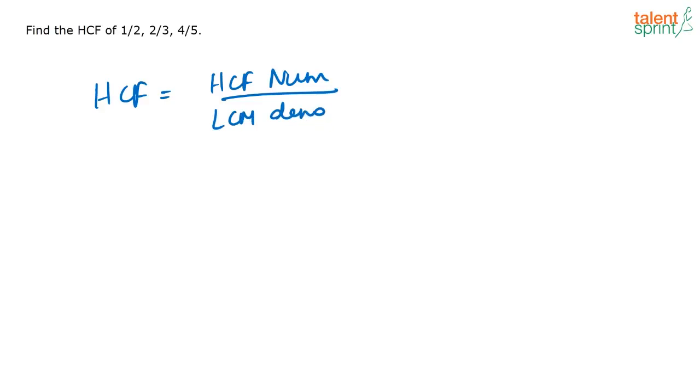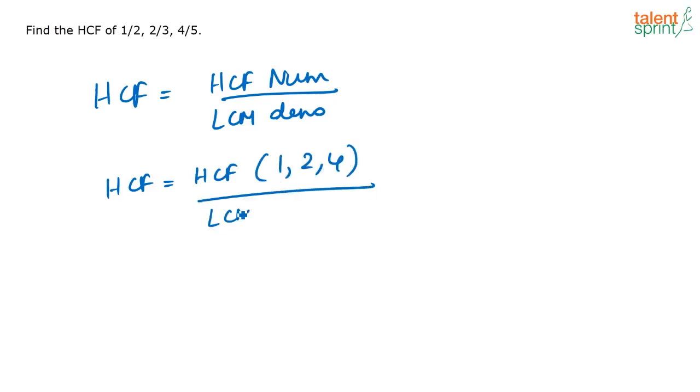This is how you calculate the LCM of fractions. Similarly, the HCF of fractions is nothing but the HCF of the numerators divided by the LCM of the denominators. So, here the HCF is the HCF of the numerators 1, 2 and 4 divided by the LCM of the denominators 2, 3 and 5.